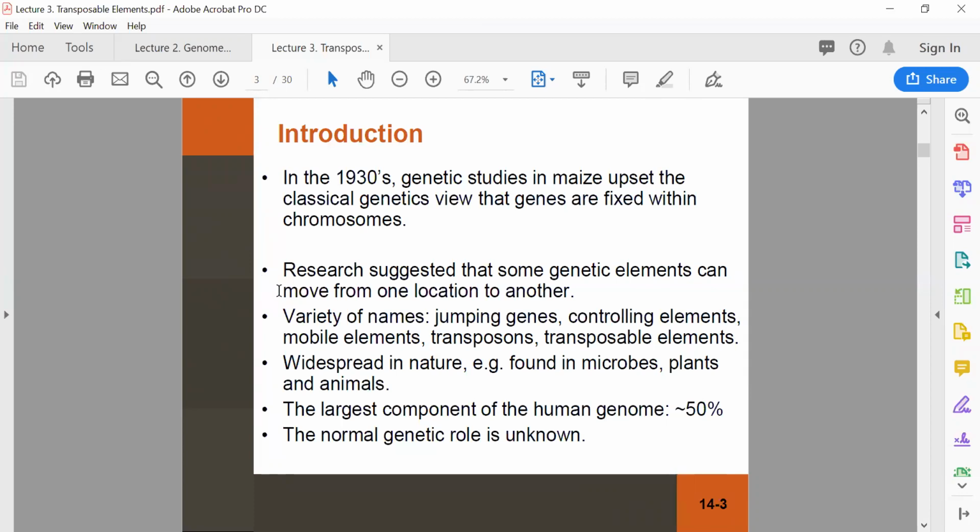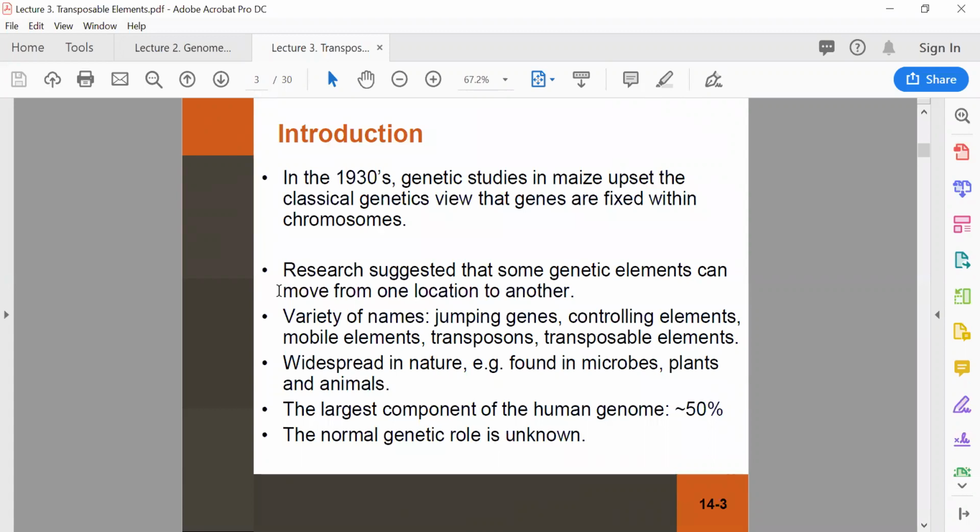And these elements were actually detected by the mutations that they cause when they insert into other parts of the genome, and that results in an activation or inactivation of a gene. And these were found in the early days in Drosophila, maize, yeast, the nematode worm Caenorhabditis elegans, and even in E. coli.